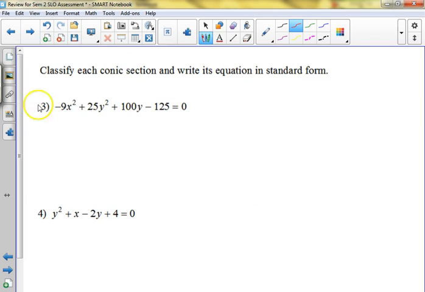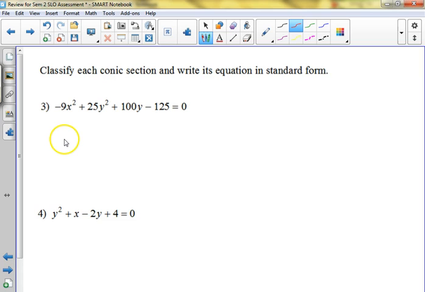All right, what about number 3? Do you think you know what that would be? It's squared on both. So it's down to circle, ellipse, or hyperbola.